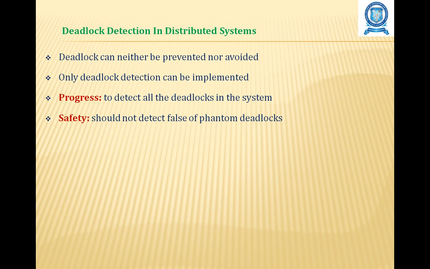Deadlock can be dealt with using three strategies, which are deadlock prevention, deadlock avoidance, and deadlock detection. Deadlock detection requires an examination of the status of the process, resources, and interaction for the presence of a deadlock condition. In this lecture, we study several distributed deadlock detection techniques based on various strategies.